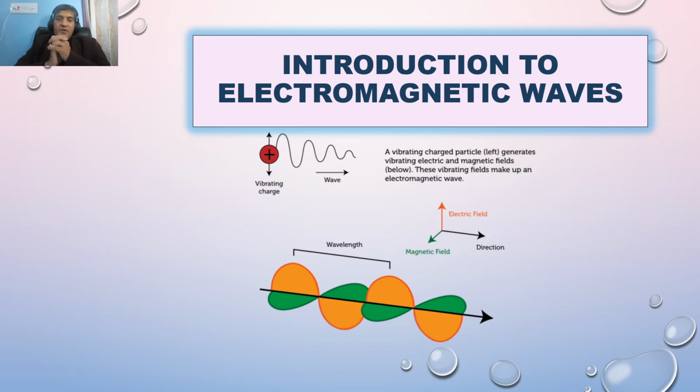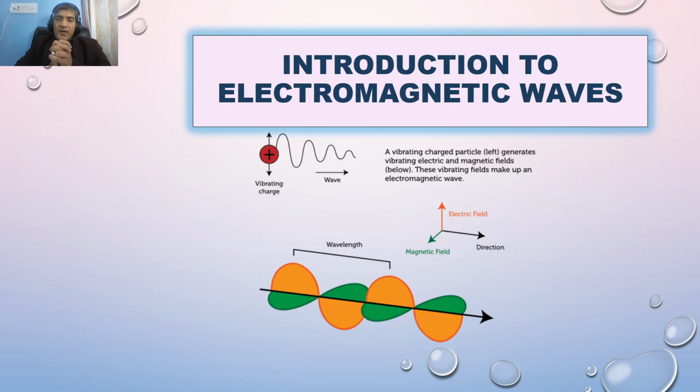This is a very important PPT regarding the generation of an electromagnetic wave by an oscillating or vibrating charged particle, what the shape of the electric and magnetic fields is, and how the wave propagates. Just see in the picture, there is a plus charge. This charge may be a negative charge.